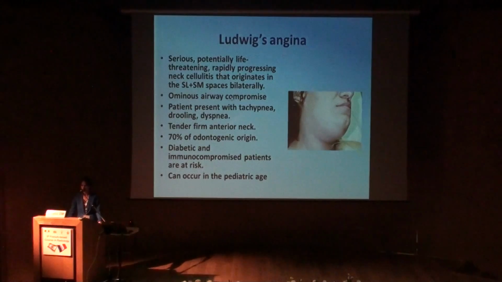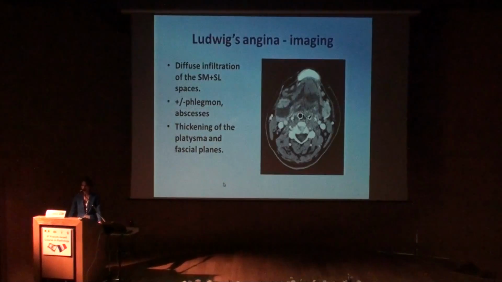There is a high risk for airway compromise, and the patient will present with tachypnea, drooling, and dyspnea. The neck will be tender and firm with no fluctuation, and it's presented here because 70% of the cases are of odontogenic origin. Diabetic and immunocompromised patients are at risk, but it can also occur in the pediatric age.